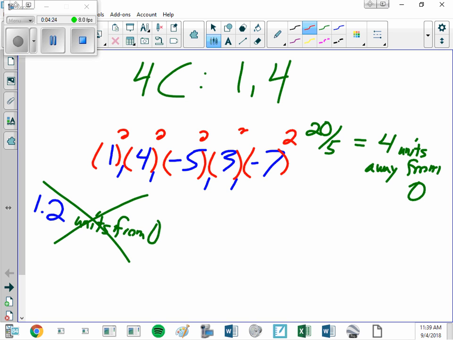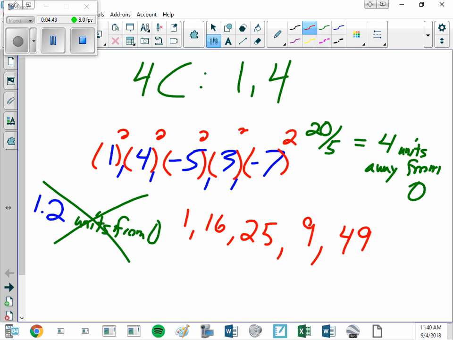You're just going to type in 5 squared. So I'm going to go through this list, and I'm going to figure out what the square is of each of those. So 1 squared is 1, 16, 25, 9, and 49.